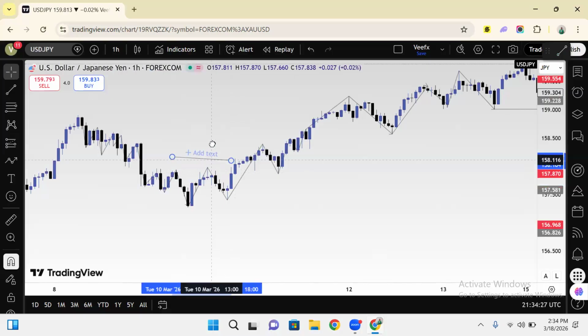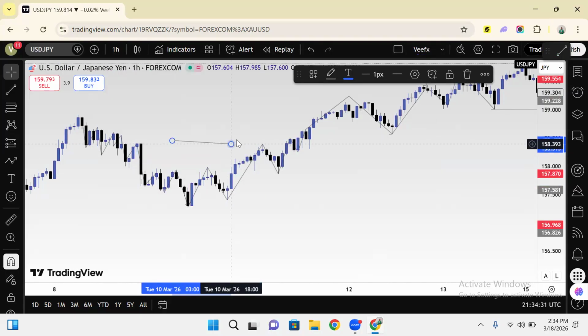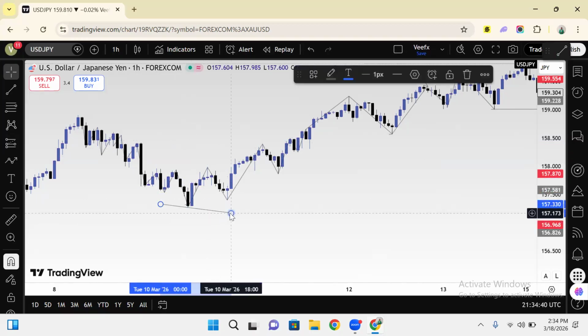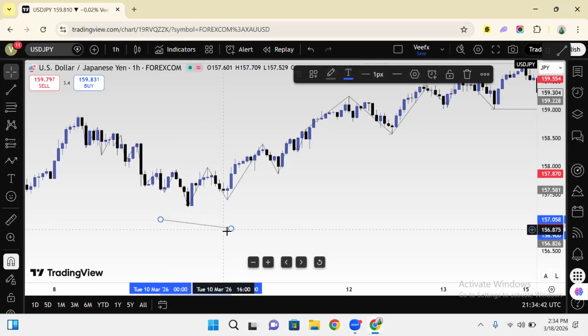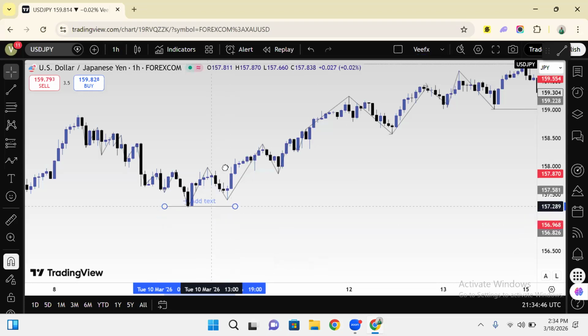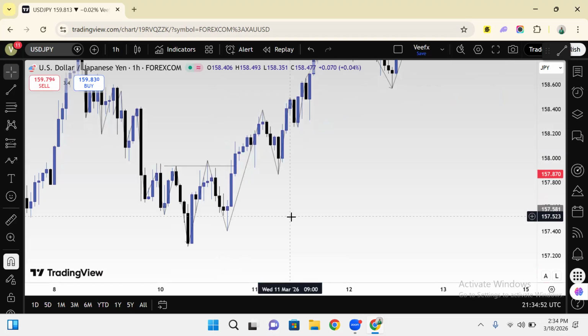I'm just giving an example. And you can see that as the market did this market structure shift, the market started ranging to the upside after being on a downtrend. So this is your market structure shift here.